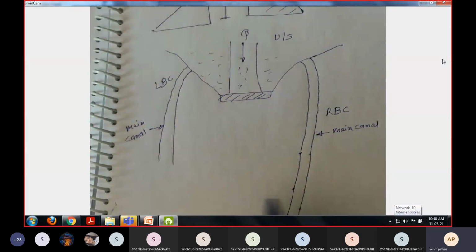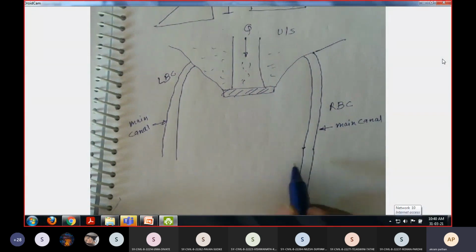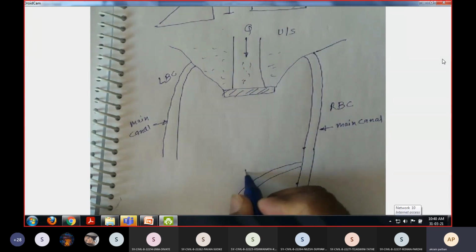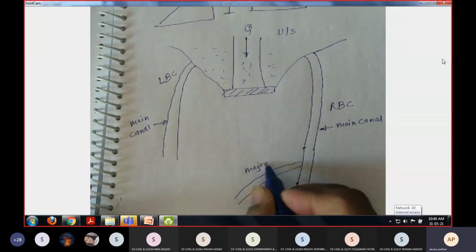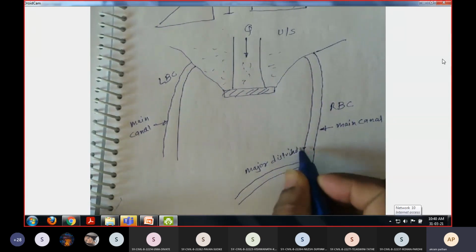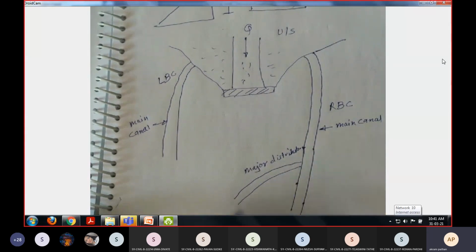For example, this is the main canal. Then on the main canal there is another canal, we call it a major distributary. This is the major distributary.